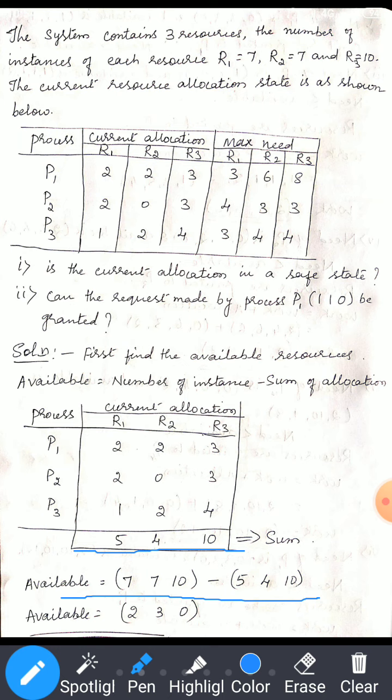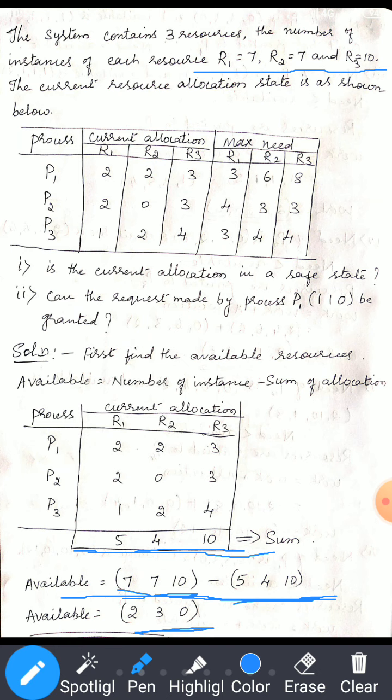These are the total instances of R1, R2, and R3, given in the problem. And 5, 4, 10 are the resource instances already allocated to the processes P1, P2 and P3. Hence available is equal to 2, 3, 0.